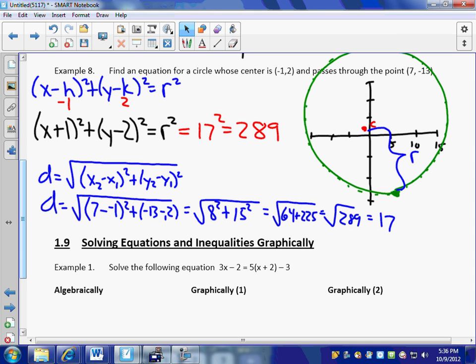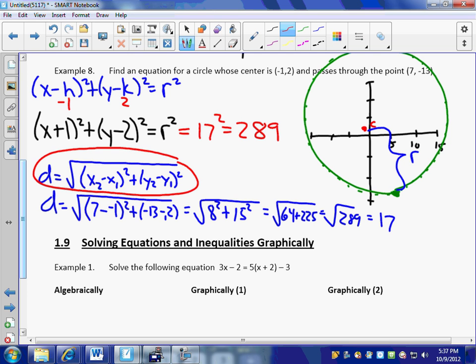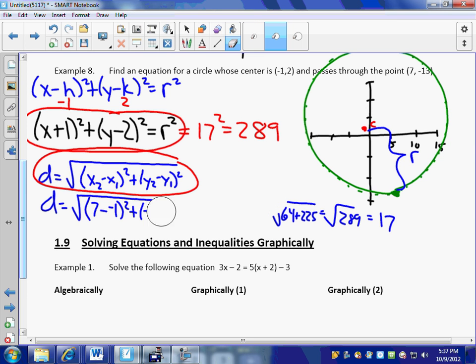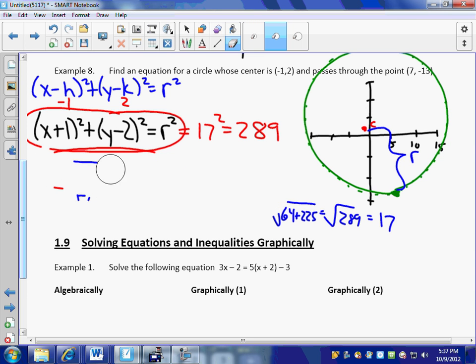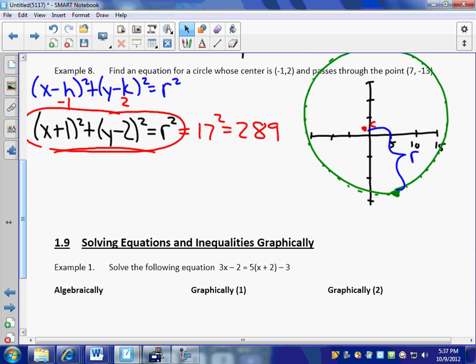Now, that's fine. You're done with the problem. But in case somebody didn't see anything here, I want you to understand, didn't we say that the distance formula is really the same as the circle formula? So I just want you to watch one trick. If you get it, great. If you don't, fine. Instead of setting up the distance formula, I could just take my circle equation.